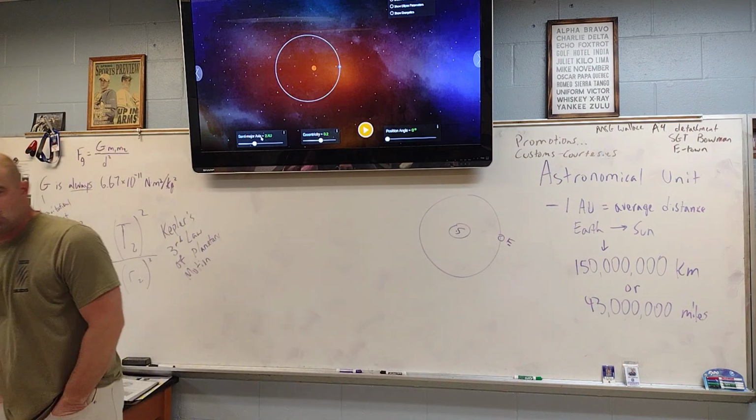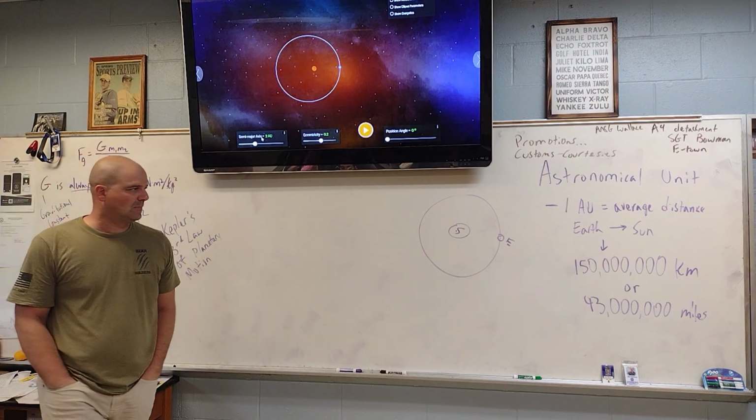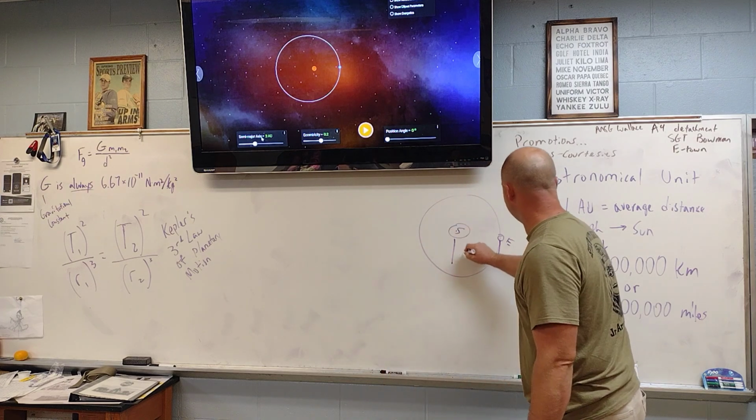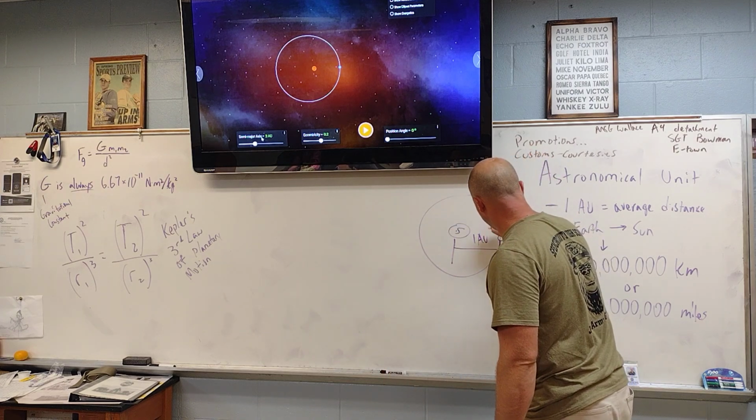That is 1 AU. So the distance from Earth to the sun is 1 AU.